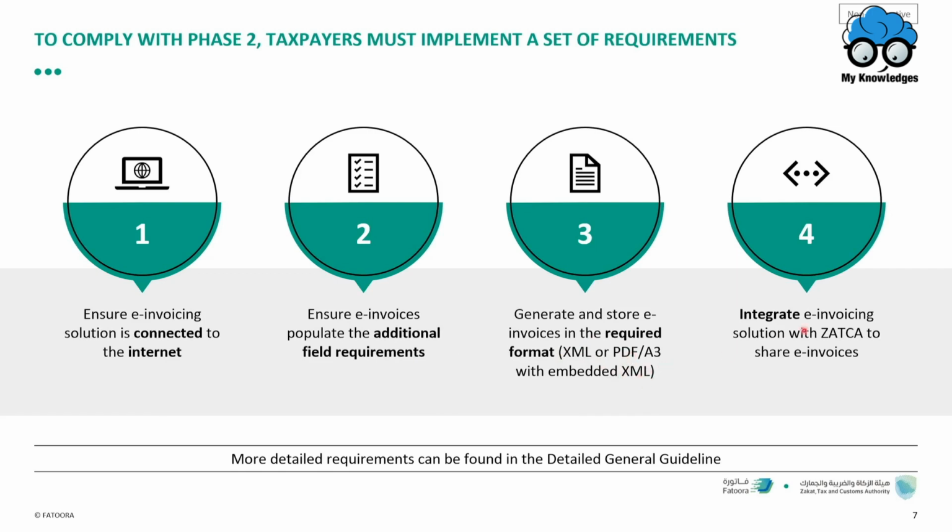And then finally, they need to integrate their e-invoicing solution with Zatka to share the electronic invoices. More details can be found on our website, zatka.gov.sa. We have a special tab for e-invoicing. You'll find all the technical and non-technical details published there.